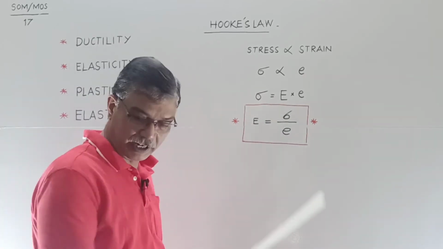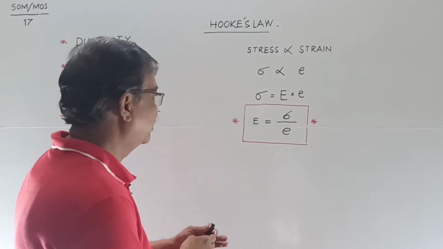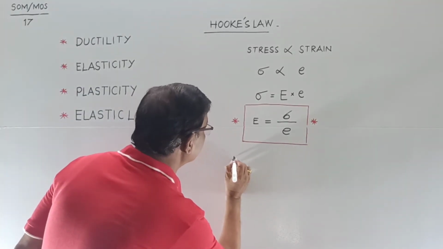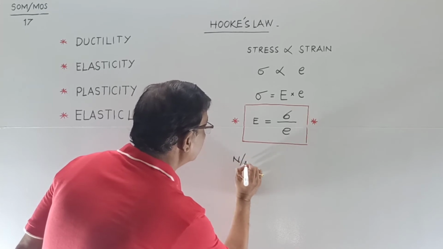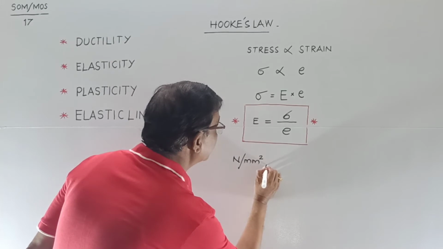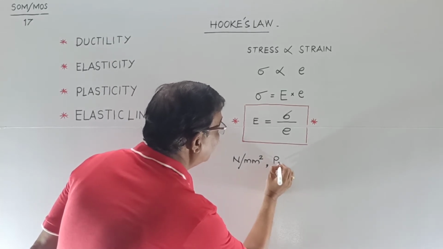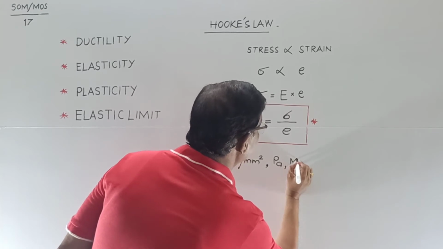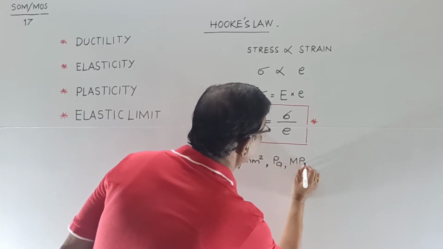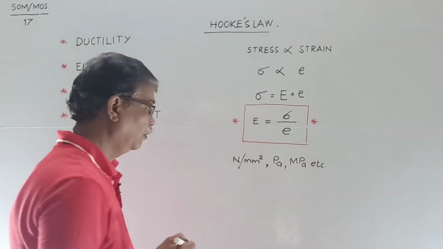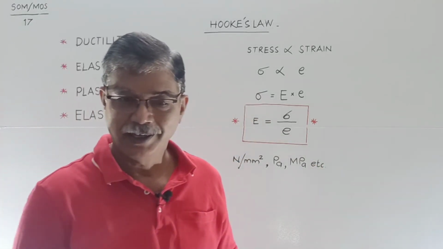Therefore, what is the unit of modulus of elasticity? Unit of modulus of elasticity is Newton per mm square, or you can say Pascal, or megapascal, or gigapascal, etc. These are the units of modulus of elasticity.